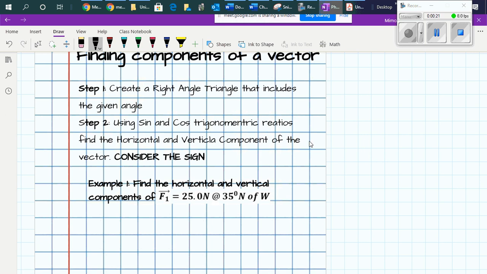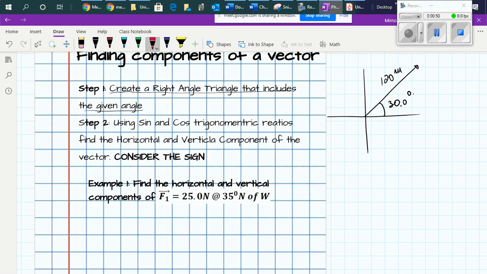So we know now that we can represent a vector in the north, east, south, west axis. If we have a vector that looks, let's say, like this, with 120 meters at 30 degrees north of east, then we can create a right angle triangle that includes the given angle.